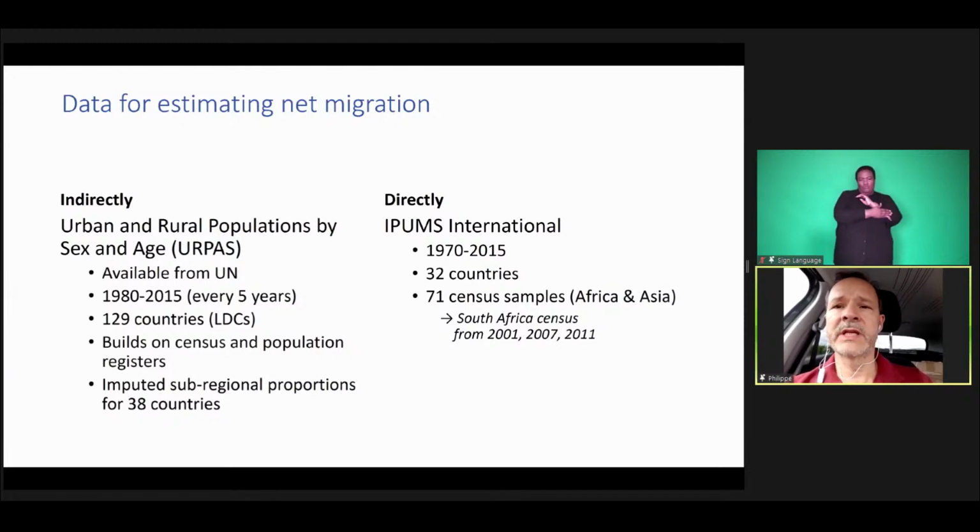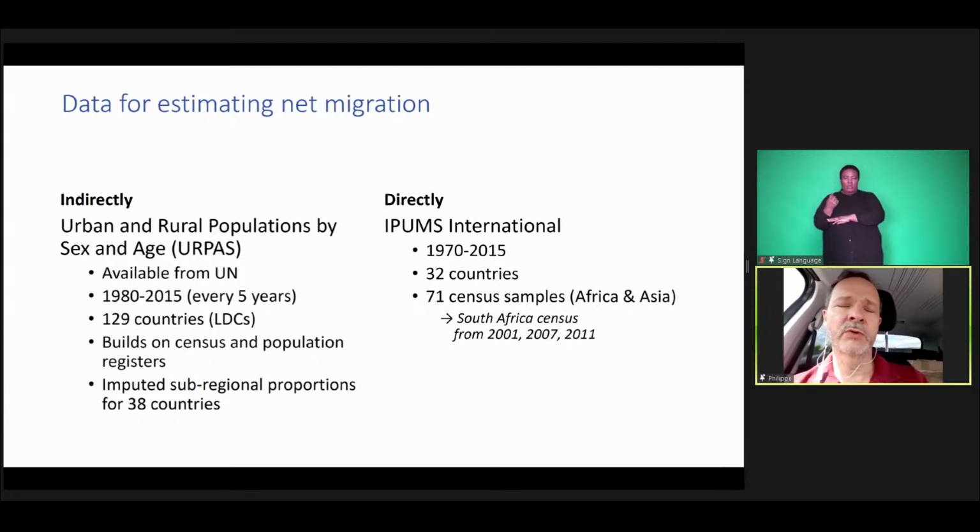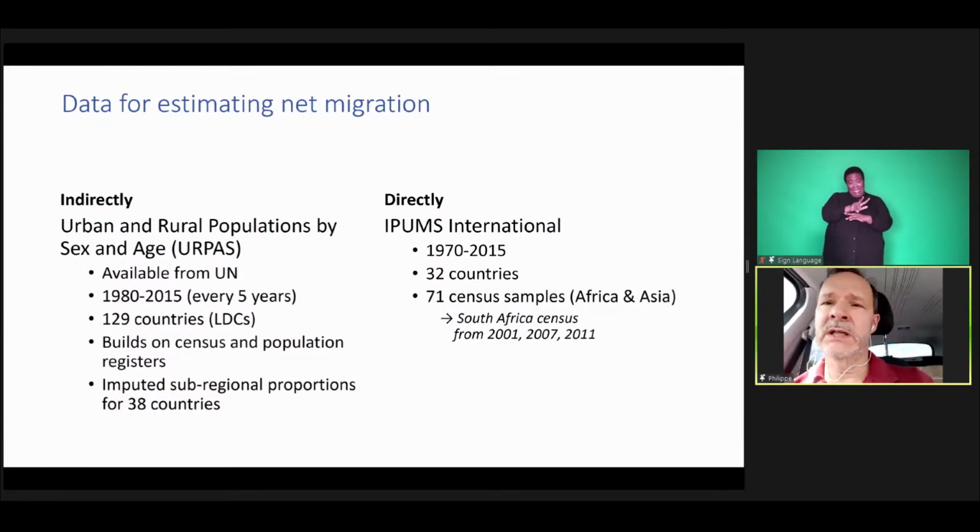It's built on census and population registers, and for some countries, the data are partly imputed based on sub-regional proportions of urban and rural, and that is for 38 countries. So part of the estimates are imputed.